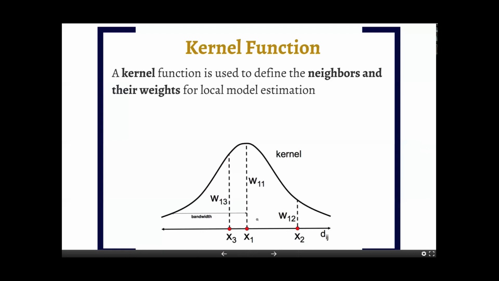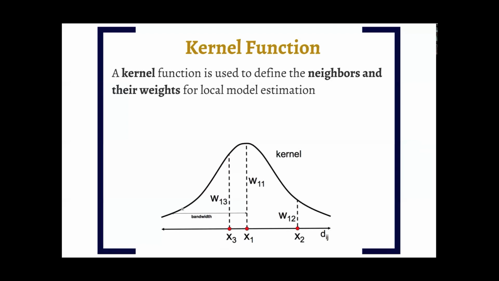So they're just using a different set of terminology. If you increase your bandwidth, you'll be including a larger number of neighbors. And if you reduce your bandwidth, you'll include a smaller number of neighbors. So that's just how you can define your kernel function, by changing the bandwidth.